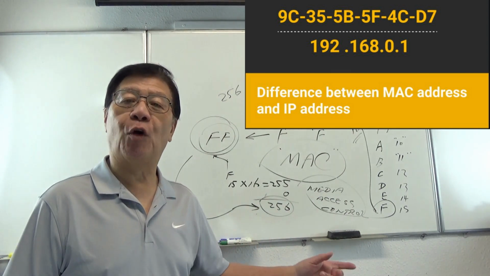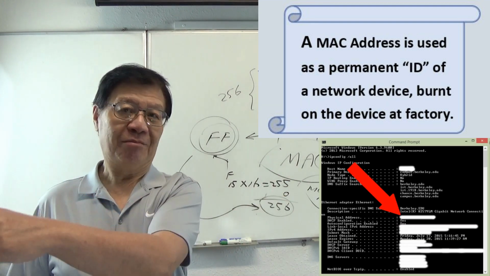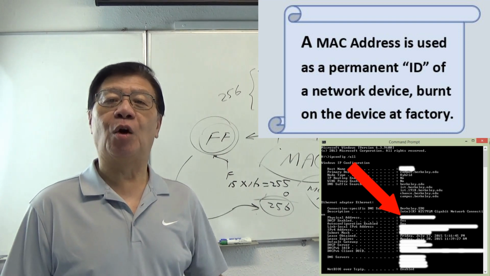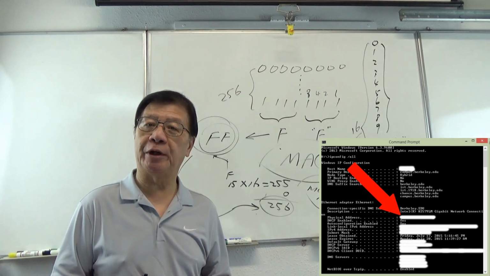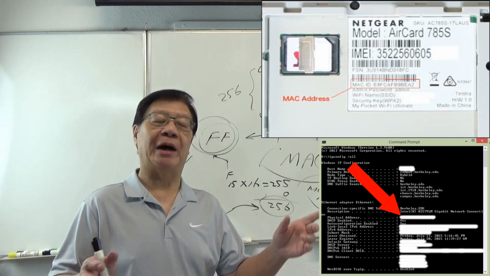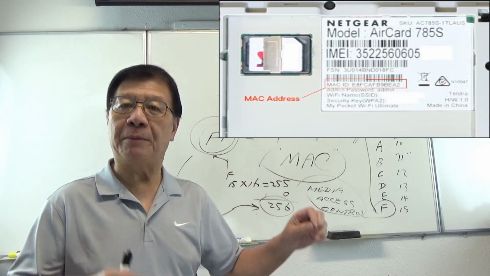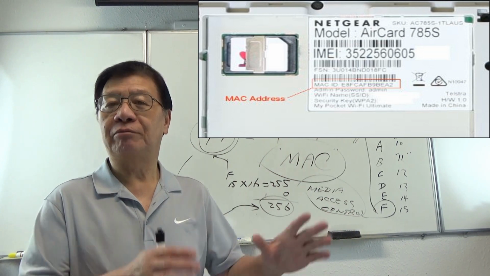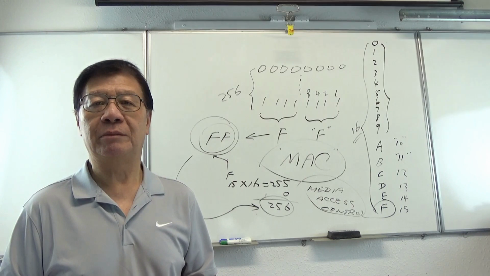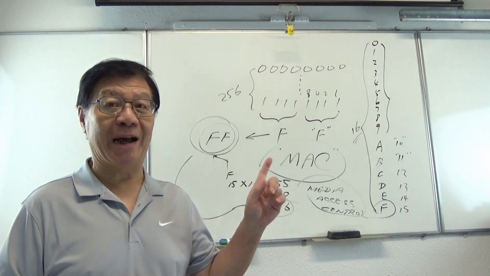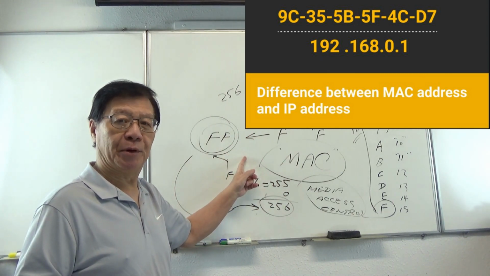No, it's for the ID of your hardware items. All the cell phones, your computer, your wireless device, and the network capable printer always have a MAC address. That's a permanent address. They burn the address onto the device at the factory. So what does that use? That uses a 16-base hexadecimal number.